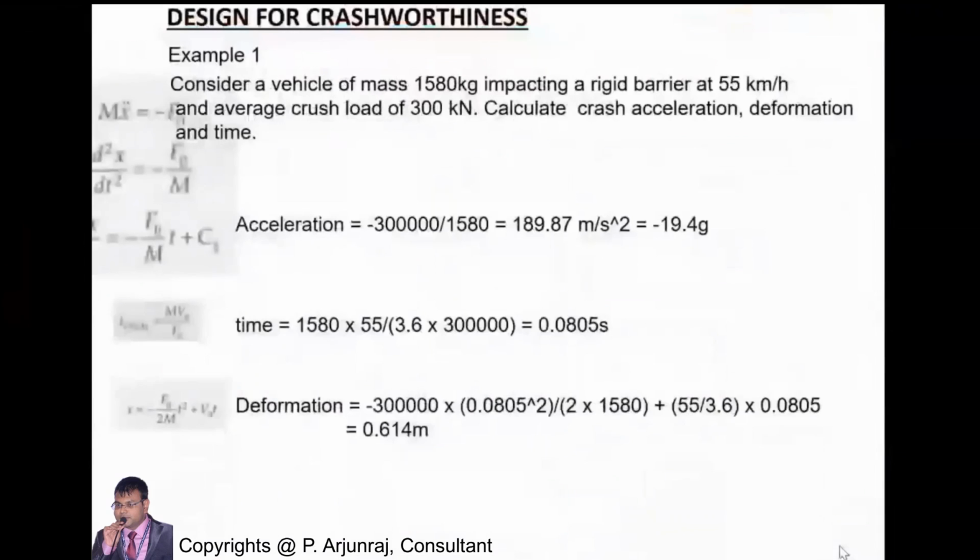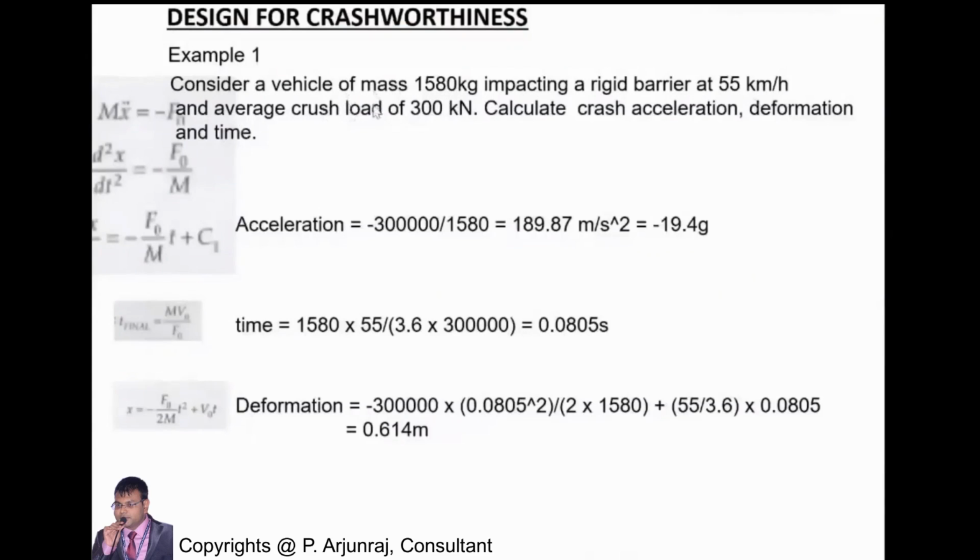Okay, let us take a simple example. Considering the overall vehicle mass is 1,180 kg when it is impacting a rigid barrier at 55 km per hour. So we are going to solve a problem for a frontal impact, where the rigid barrier impacting velocity is 55 km per hour, and the average crash load is also given.